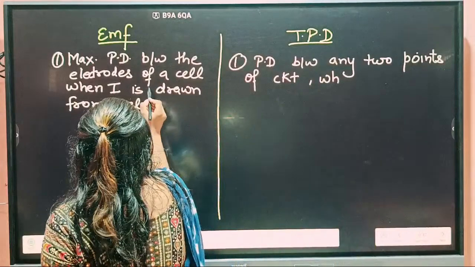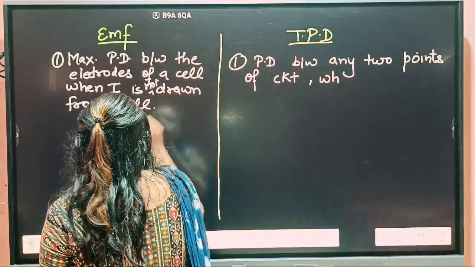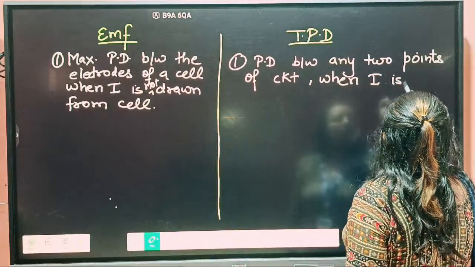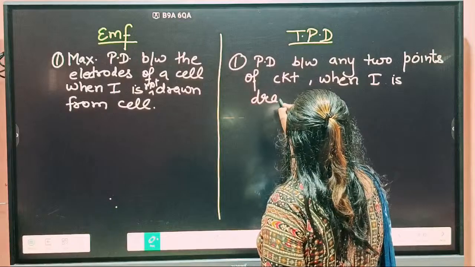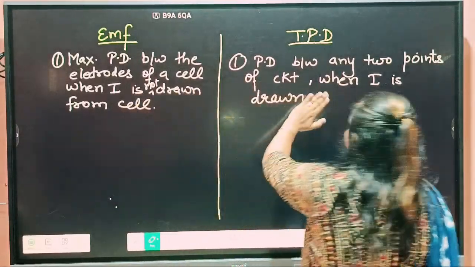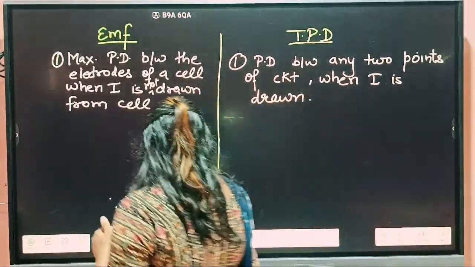Here current is not drawn, circuit is open. Here current is drawn. Current is not drawn in this case and current is drawn in this case.